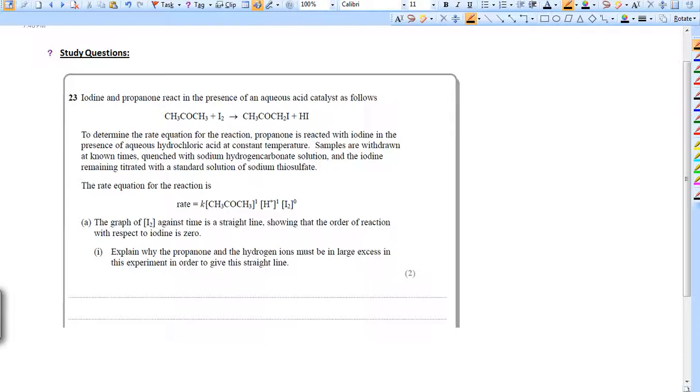Samples are withdrawn at known times and quenched with sodium hydrogen carbonate solution, and the remaining iodine is titrated with a standard solution of sodium thiosulfate.